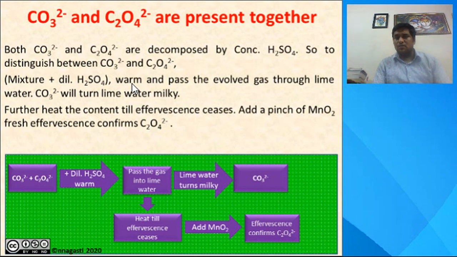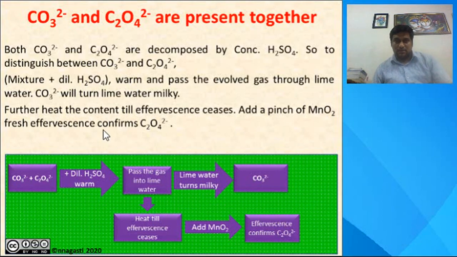That means no more carbonate is there releasing carbon dioxide. Once carbonate is decomposed, then add manganese dioxide. If there is fresh effervescence arising, then that is due to oxalate.